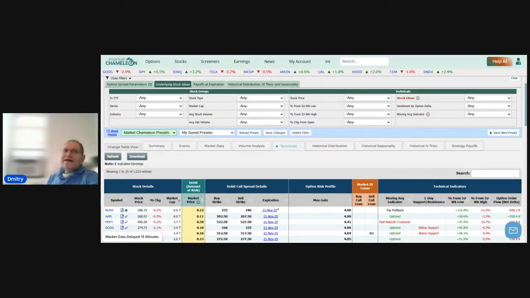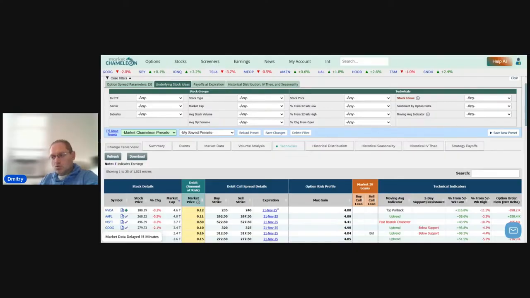But if we use that as our new initial reference point, and we say, okay, whatever it opened at, if we use that as a reference point, the order flow in the stock from the morning, is it showing more bullish or bearish?